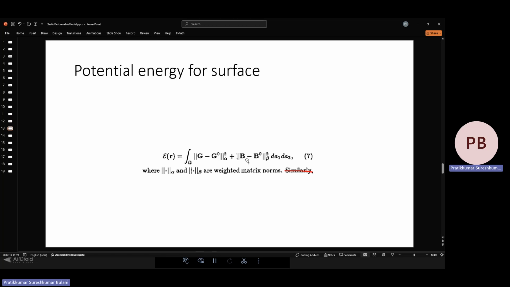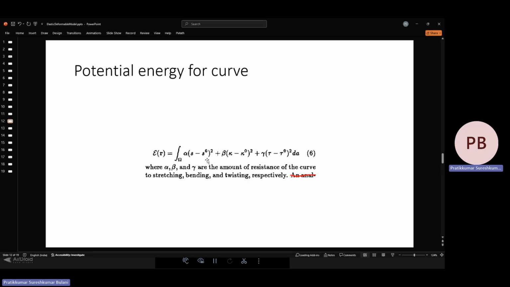And for B, the curvature tensor, again if I subtract B0, the natural undeformed B, from B, the deformed B, and take the beta norm this time, then integrating it over the entire body will give me the potential energy inside the body. This is the potential energy.